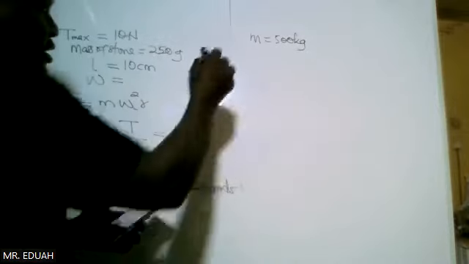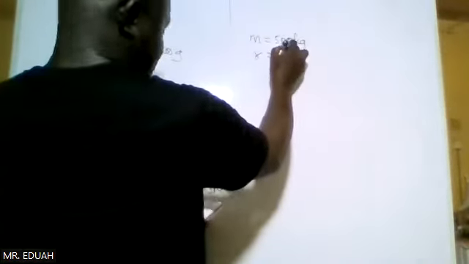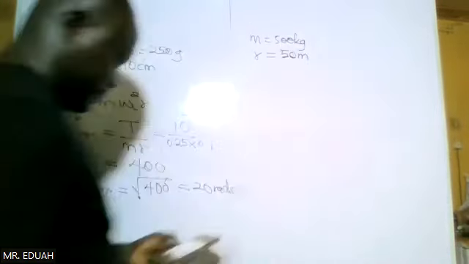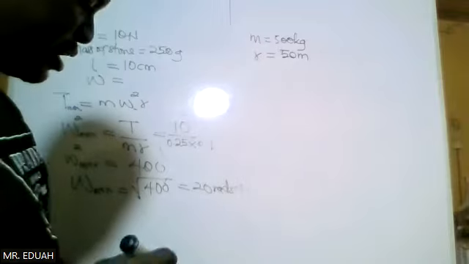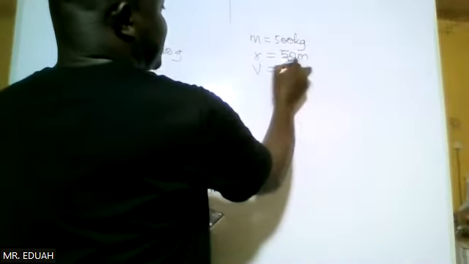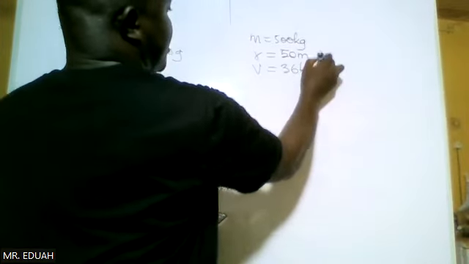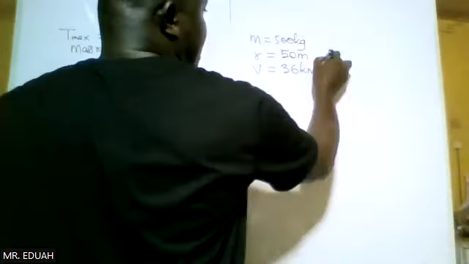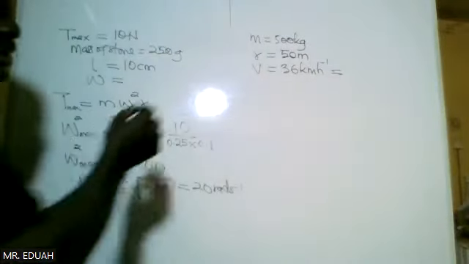Then the radius is 50 meter. The velocity is 36 kilometer per hour. And this is the only problem area because you must convert everything to SI units.